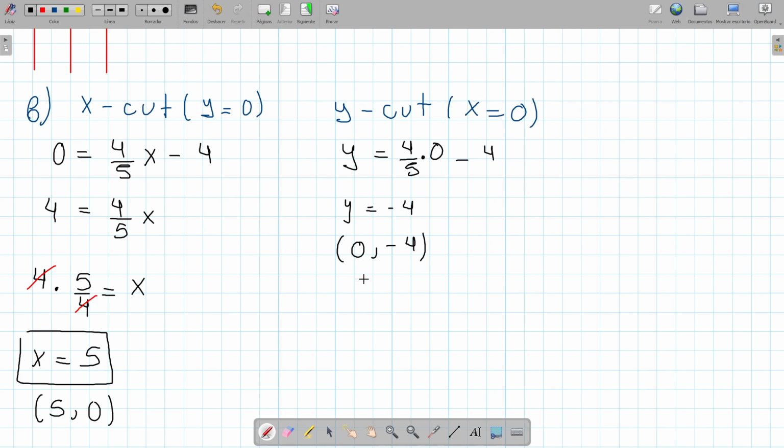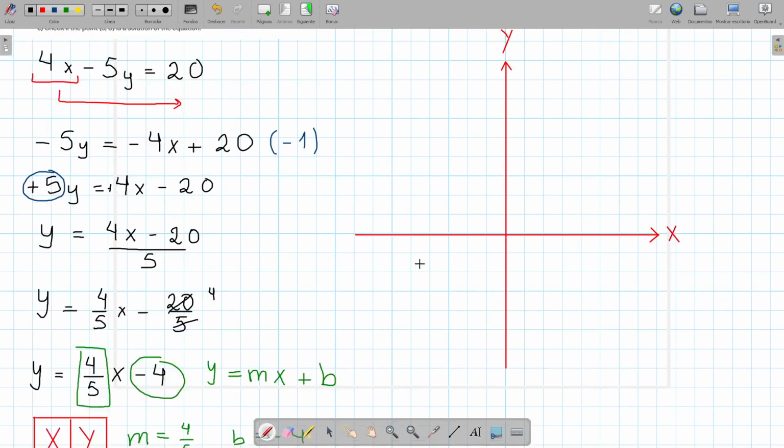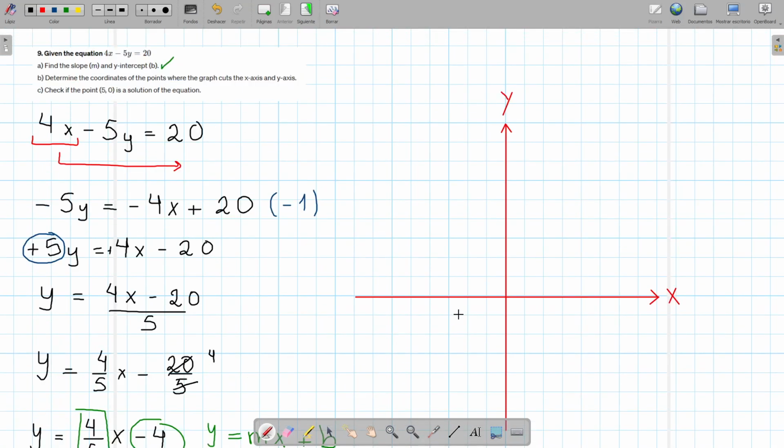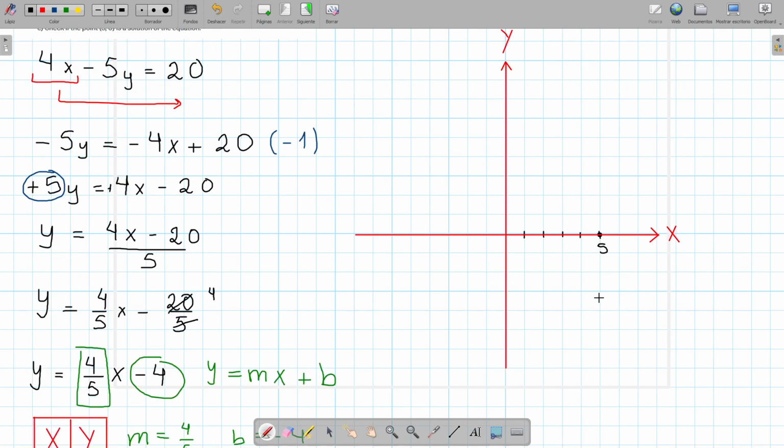Thankfully, with these 2 points, we are going to be able to graph right here. As you can see, we have 2 points. We have 5 and 0, which if I locate it in the graph, it will be 1, 2, 3, 4, 5, and 0 in y.